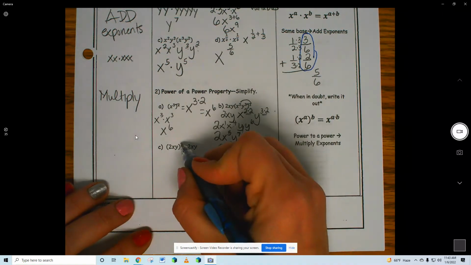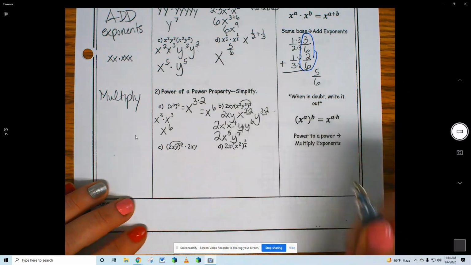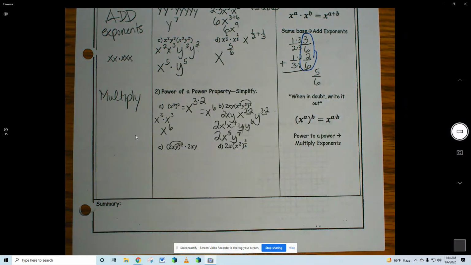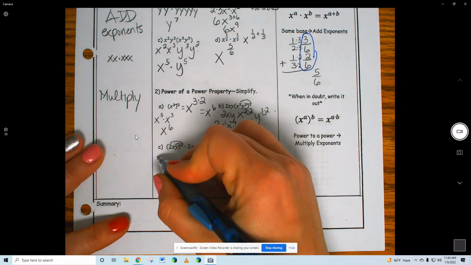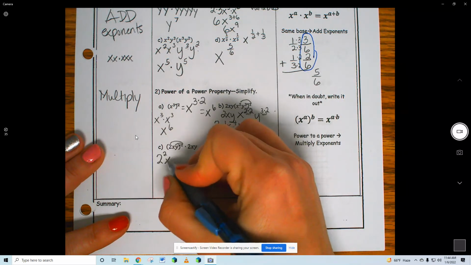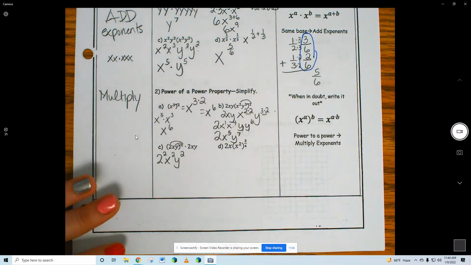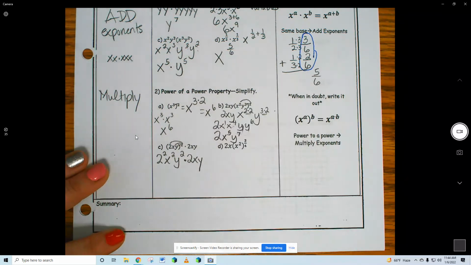It's a little 2. 2 squared, x squared, y squared. I'm going to write that out. 2 squared, x squared, y squared. Times 2xy.